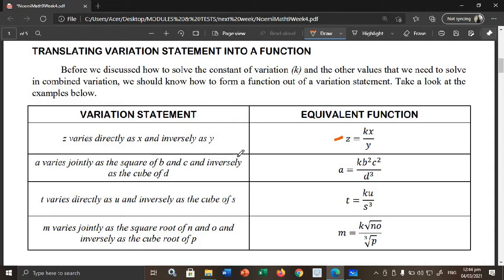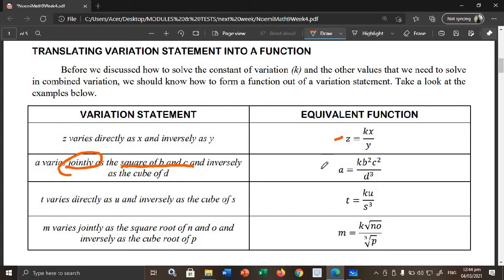The second one: a varies jointly as the square of b and c, and inversely as the cube of d. When we talk about joint variation, there is another variable involved.